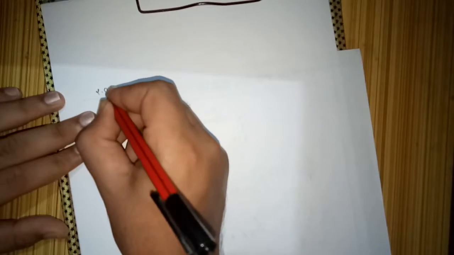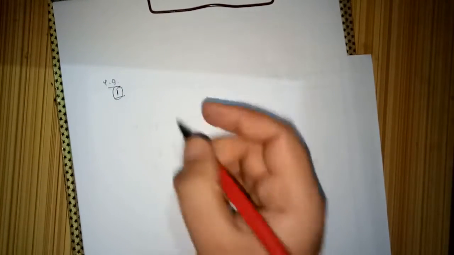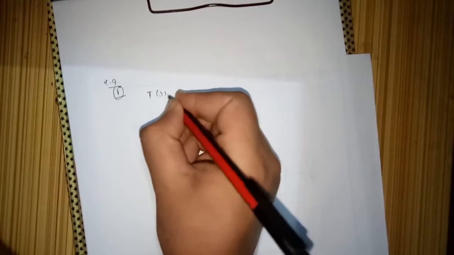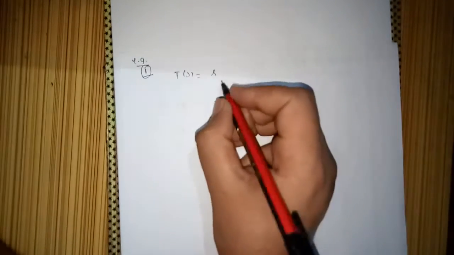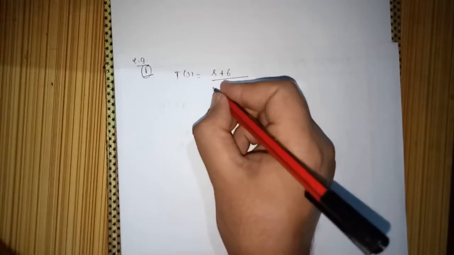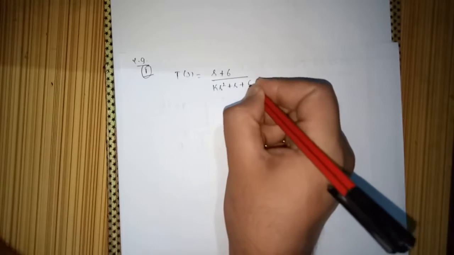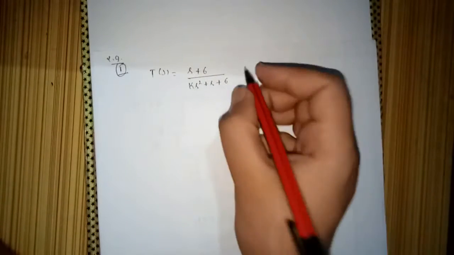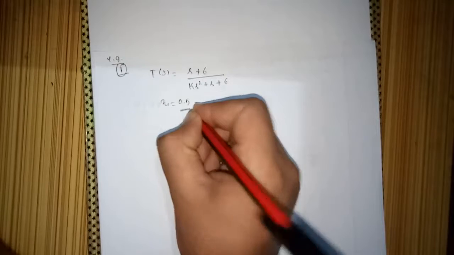Now let's take an example. First example I am taking, say the transfer function is given as s plus 6 divided by k s square plus s plus 6, right? And it is given that zeta is equal to 0.5.